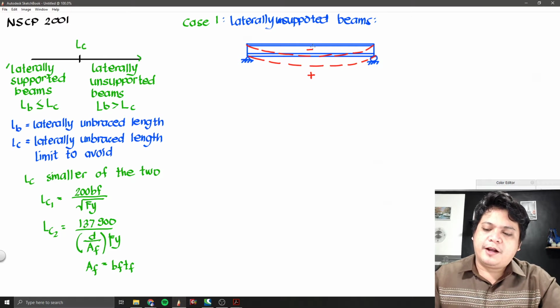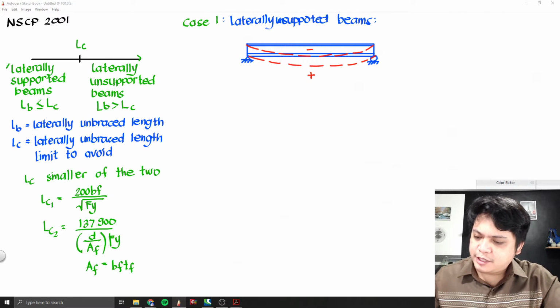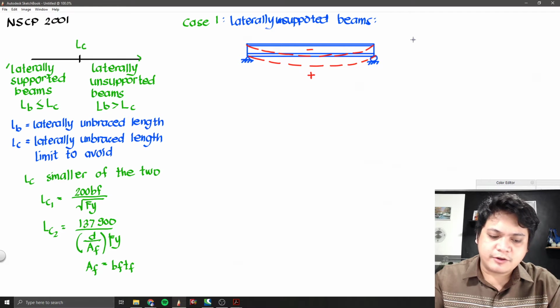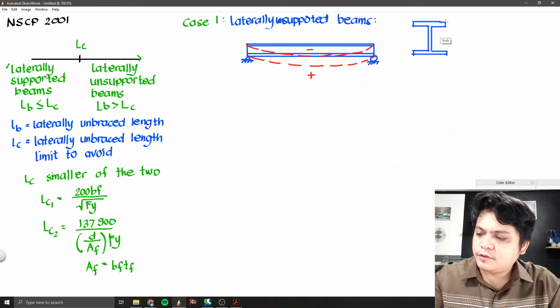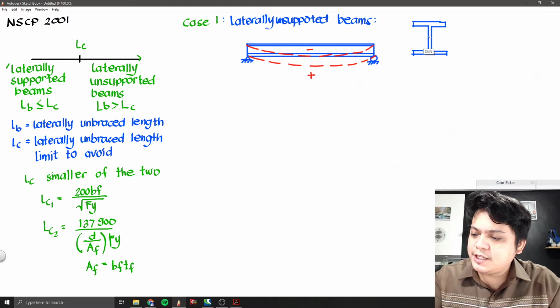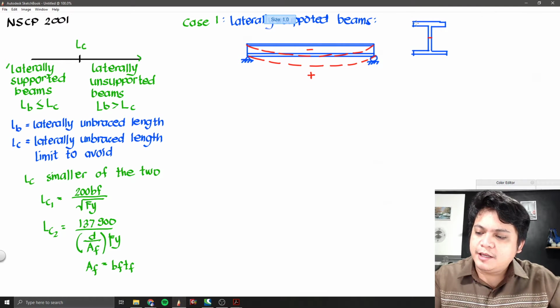Now, for our cross-section, for example, you have here the cross-section area. The assumption is that the upper half is considered to be in compression.